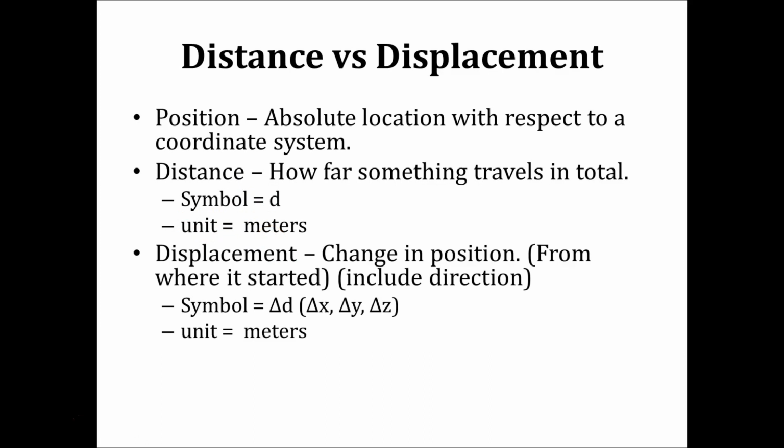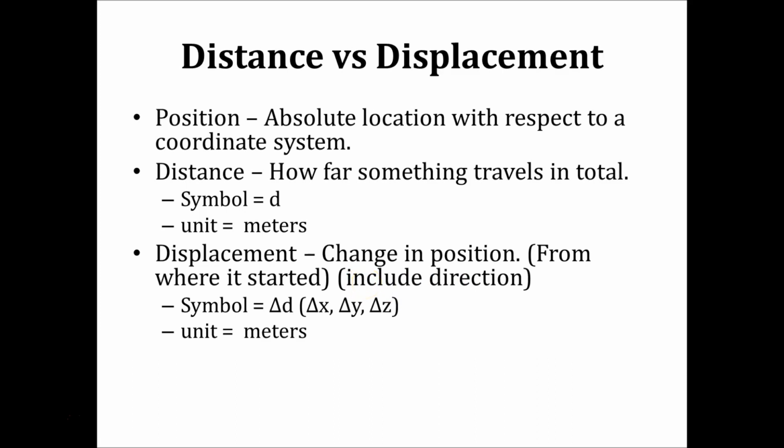Now displacement, on the other hand, is our change in position. So how far we are from where we started. So for example, with the store, if I walked to the store, I might have walked 1,000 meters. Well, my displacement would have also been 1,000 meters because I'm 1,000 meters from where I started, but we're going to include our direction here. So I might say I'm 1,000 meters to the west from where I started, and that would be my displacement.